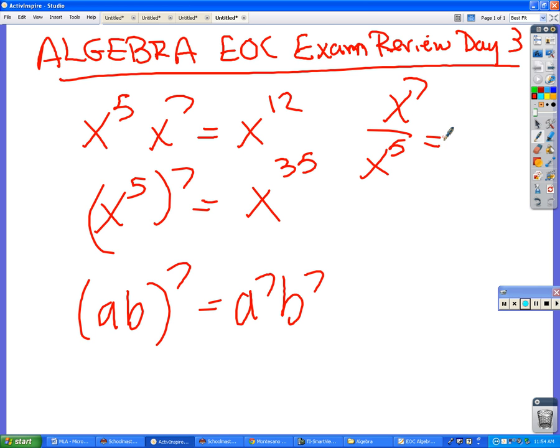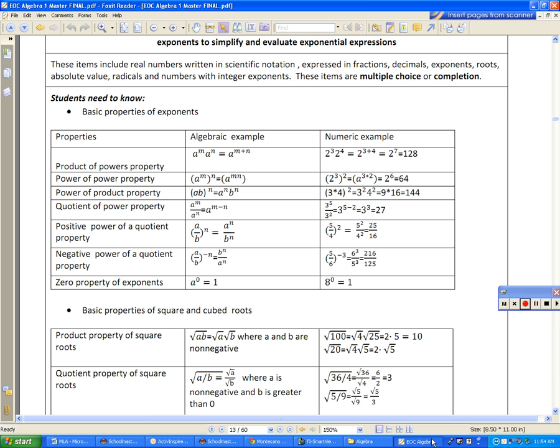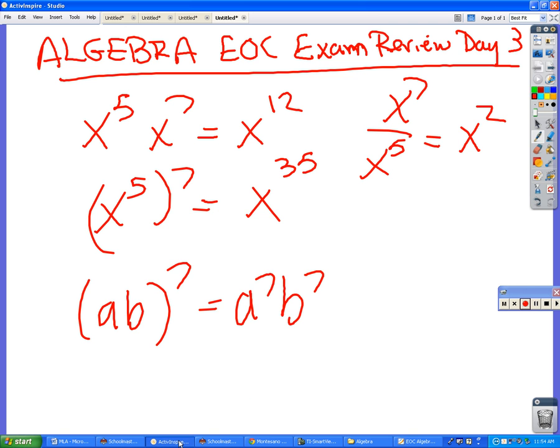Okay? Then I can also do division. If I have x to the 7th over x to the 5th, what do I do with those exponents? Subtract them. And 7 minus 5 is 2, so that would be x to the 2nd. What else did we have here? Oh, you guys know the negative ones. We talked about that the other day.